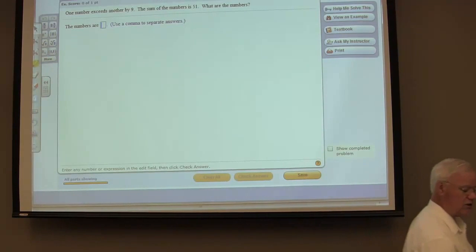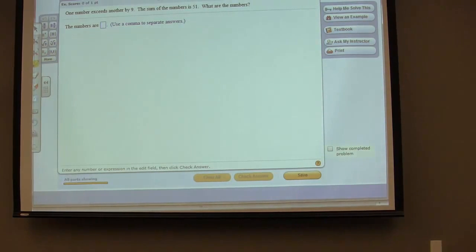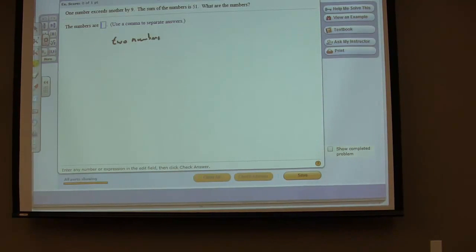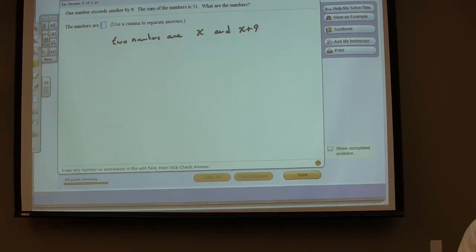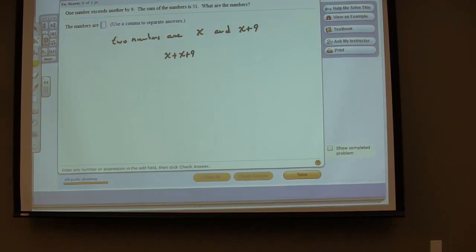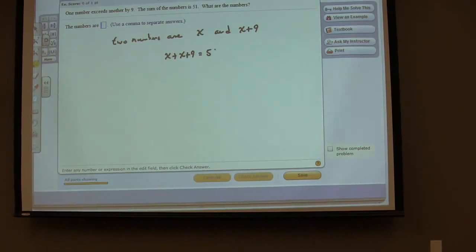We can say that our two numbers are x and x plus 9. Because one number exceeds the other by 9. When I add those together, I get 51. So that's x plus x plus 9 is equal to 51.